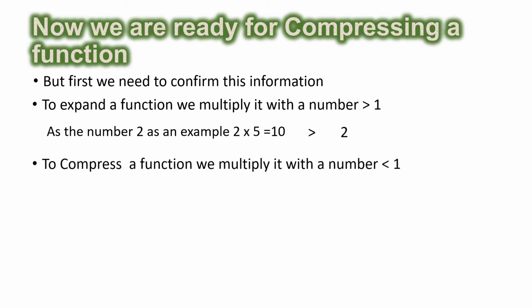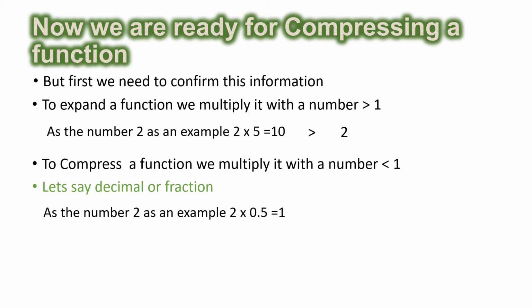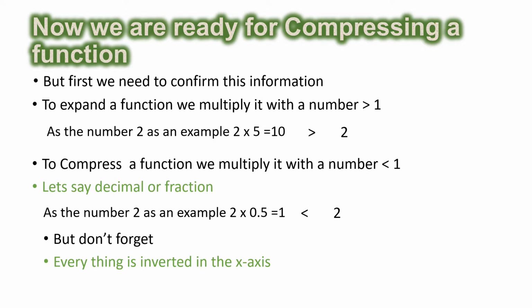Yes. To compress a function, we multiply it with a number smaller than 1, let's say a decimal or fraction. As an example, 2 times 0.5 equals 1, less than 2. But don't forget, everything is inverted in the x-axis. Remember, as I said in the last session, x is no. So everything that happens to the x inside the f of x will be inverted.